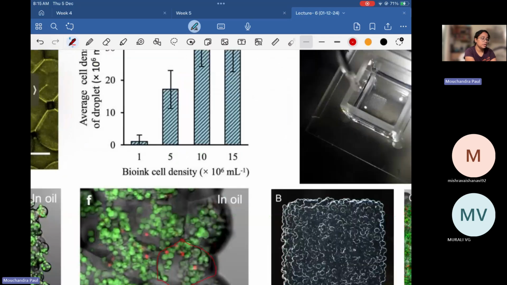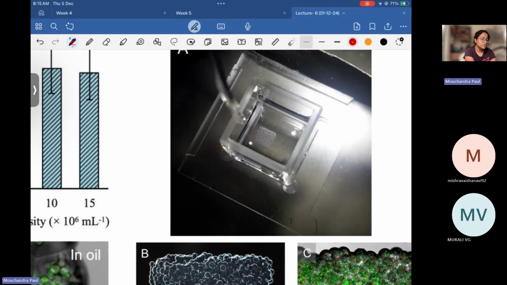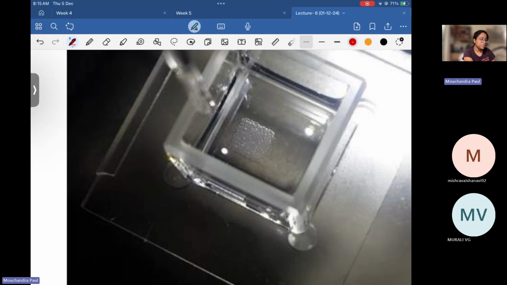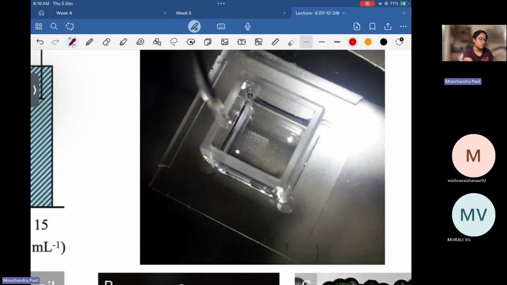Okay, so this is the image of how the setup looks, kind of. So they are using a glass cuvette that is positioned over the motorized stage. And into this glass cuvette, you can see a big droplet-based structure is formed. All right, so this is a 3 mm by 3 mm structure.